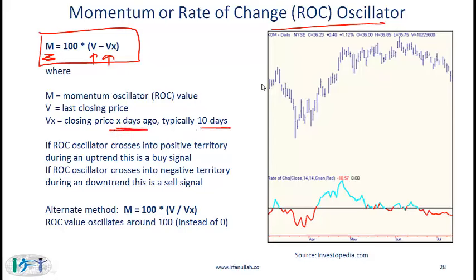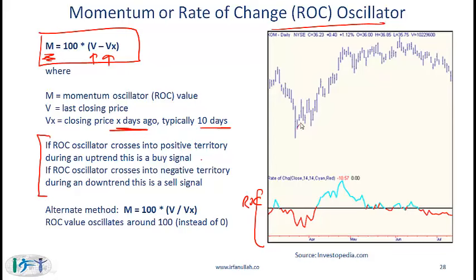On the right, you see a picture of a security. So these are bar charts. And at the bottom, we have our ROC indicator. This is perhaps the most important statement over here. If the ROC crosses into positive territory during an uptrend, this is a buy signal.